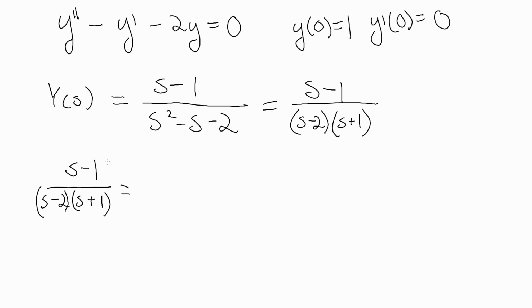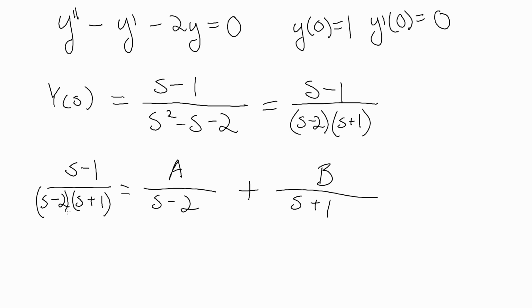So if you remember how partial fraction decomposition works, we have two terms in a denominator. We're going to set up our right-hand side here, select some constants or some variables, constants, whatever. We'll find that they're constants later. And then we take the first term here, s minus 2, and the second term, s plus 1.